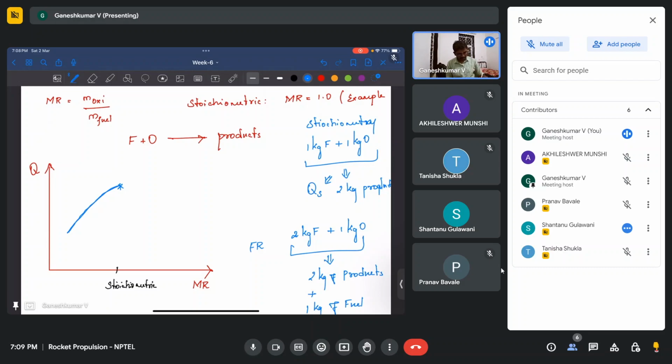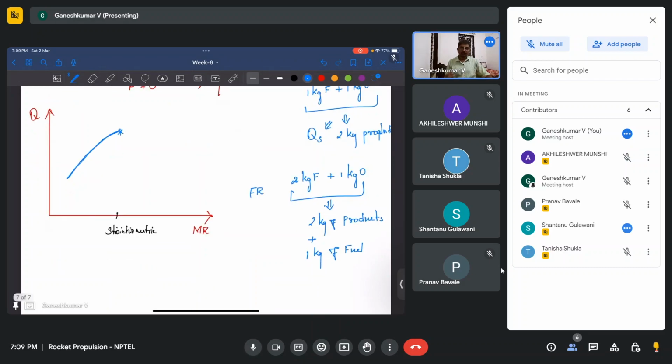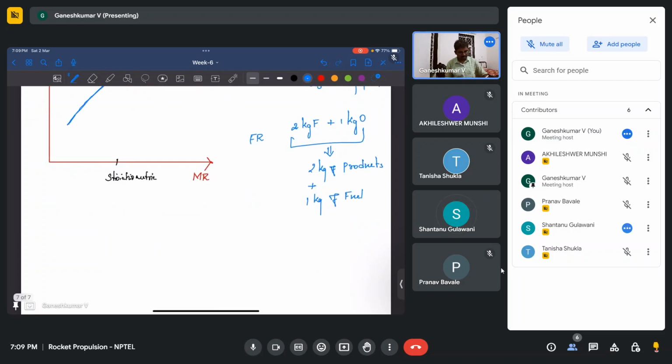Now if you go to the other side, you can actually take a fuel and oxidizer and do this calculation. But you actually need not do that because it is straightforward. That's why the professor was saying that you can intuitively say that this is how it is going to happen.